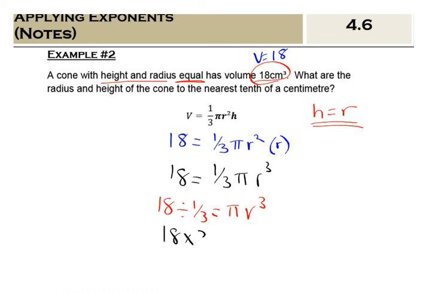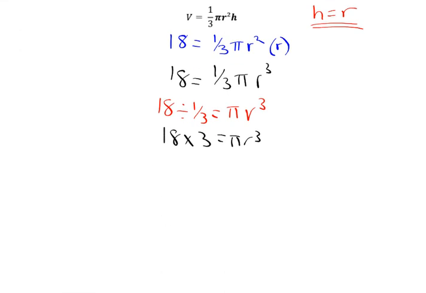So right off the bat, whenever you have fractions, don't divide by a fraction. Multiply by its reciprocal. 18 times 3 gives me what? 54, thank you.